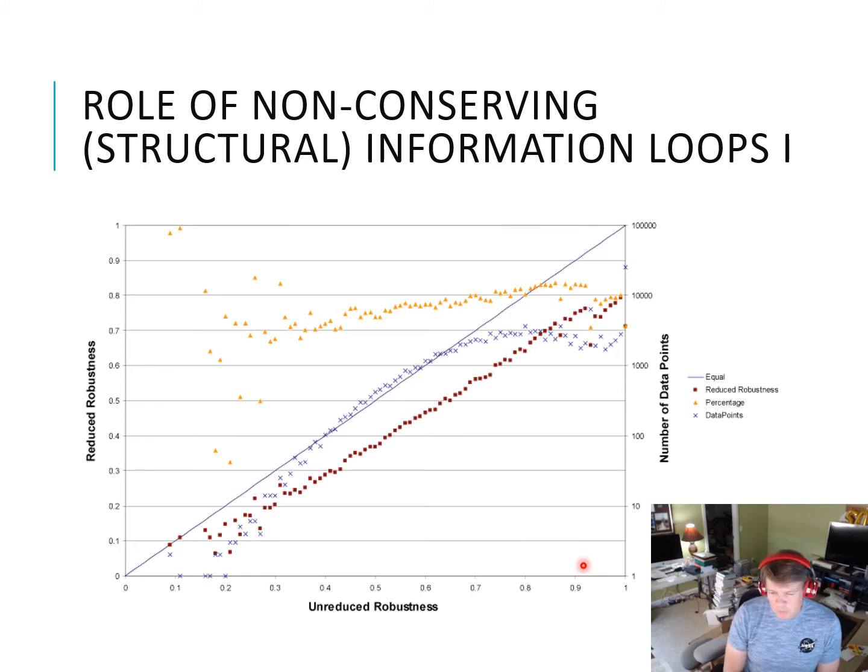So it's a 1. But what we find is most systems have multiple attractors, and most of them are not completely stable to external changes. And so what we have on this plot here shows us the robustness of the network that we start with, and then the robustness of the network that we get when we take away the frozen nodes.